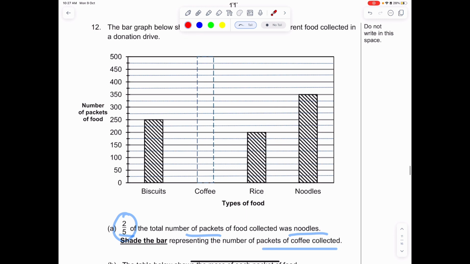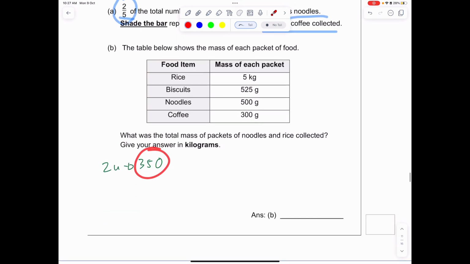I read from the graph. So therefore, I know that 2 units is 350. So 1 unit would be 350 divided by 2. So my answer would actually be 175.